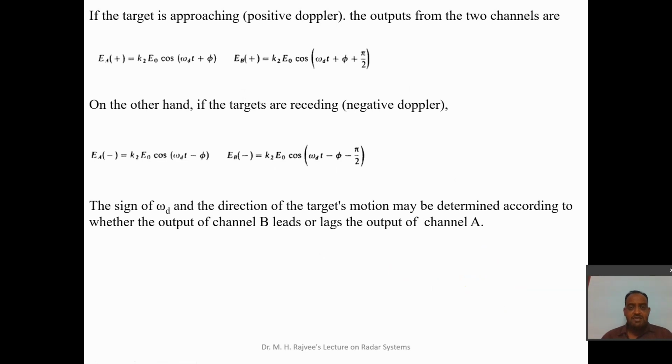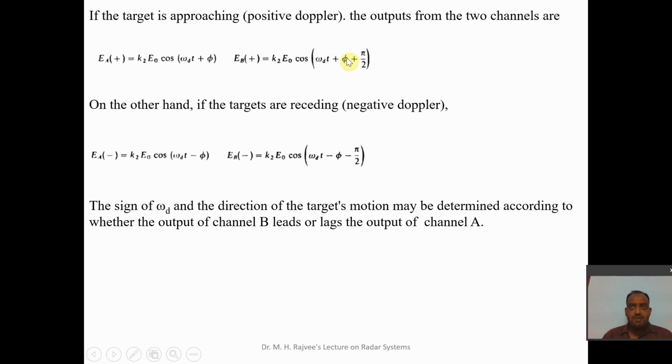If the target is approaching, the outputs from the two channels are like this. Both have positive phase changes. The difference between these two signals is 90 degrees.